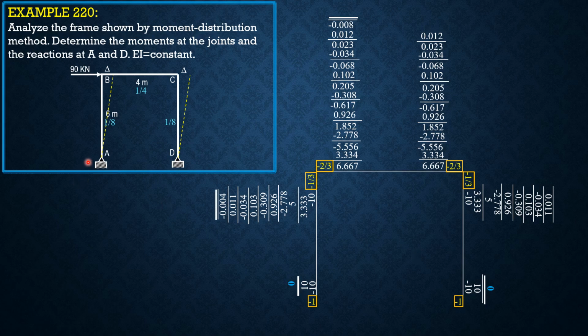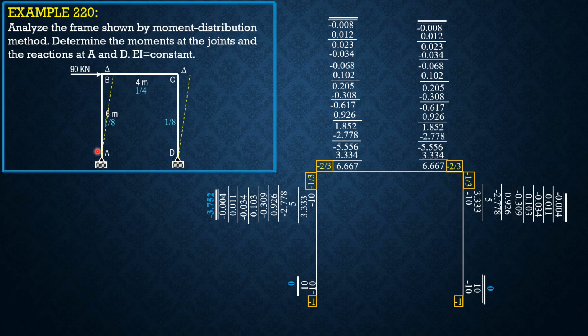So we have here the assumed direction of AX and AY, then the assumed moment BA, which is clockwise, same is true at D. So considering the whole system, AX plus DX plus 90 equals 0, where AX, if we consider the free body diagram of column AB, summation of moment about B, AX times 6 equals MBA.